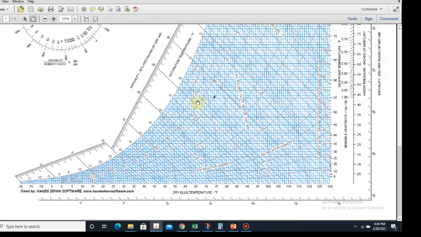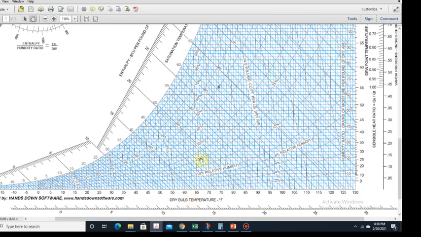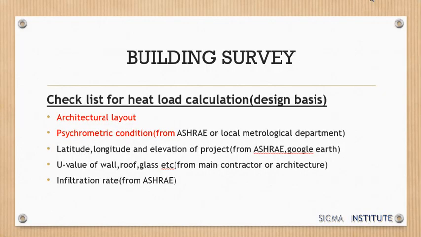Hope you have understood how to find the other properties if we have any two properties, with the help of the psychrometric chart. So friends, by this we can find the psychrometric properties of air.